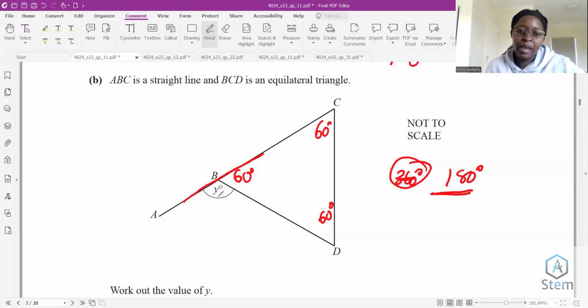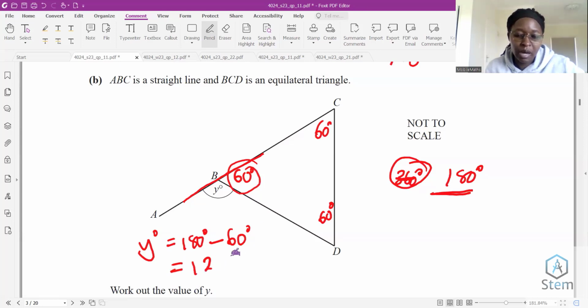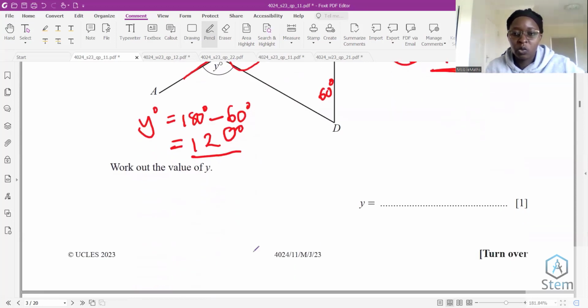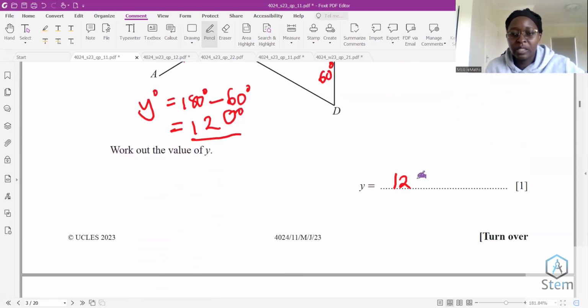So to get our y, we say y degrees is equal to 180 degrees minus the 60 degrees, that is this side. If we do that, we get 120 degrees. So our y is 120 degrees.